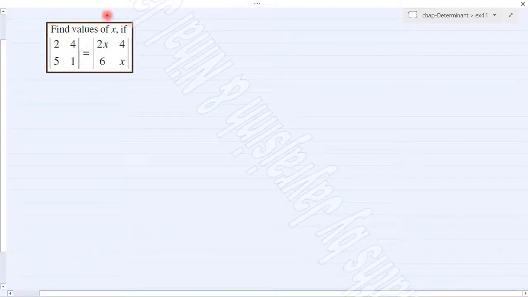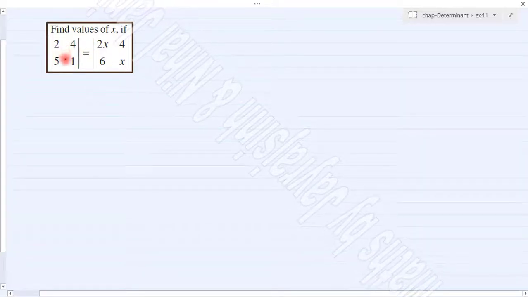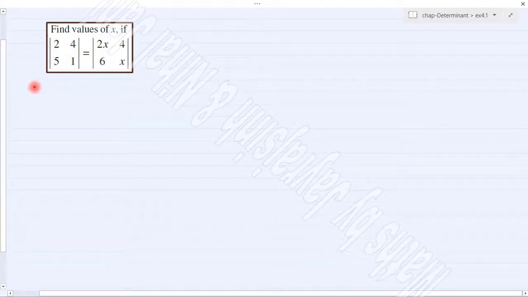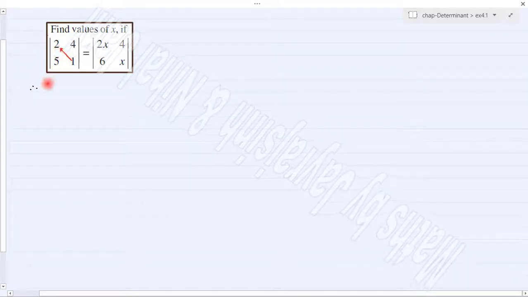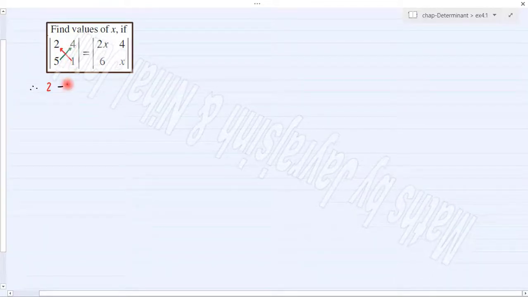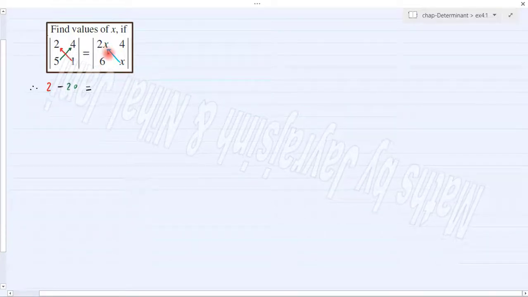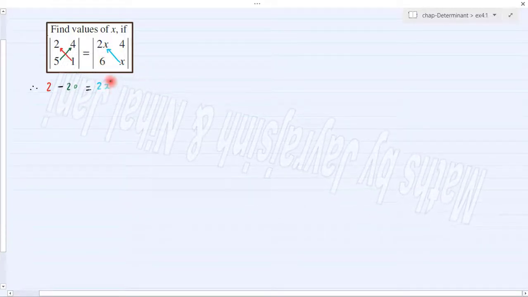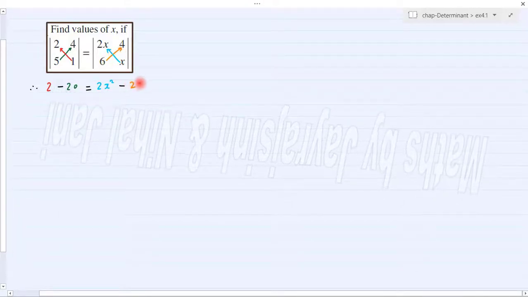In this question, you have to find the value of x. We have a determinant equation. So let's solve the left determinant. First of all, you have to multiply 1 with 2, which gives 2, minus 5 fours are 20. Now on the right hand side, x multiplied with 2x will give us 2x square, minus 6 fours are 24.